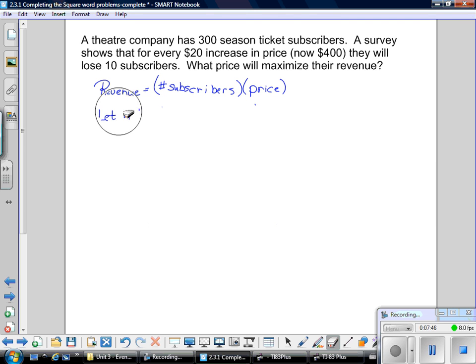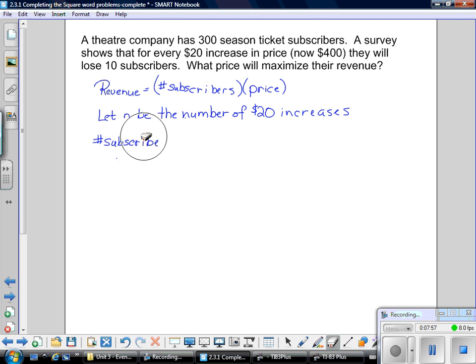We also are going to let n be the number of $20 increases. So the number of subscribers each time is going to equal the 300, which we had, minus 10 times n. So every time we increase the n, we lose 10.